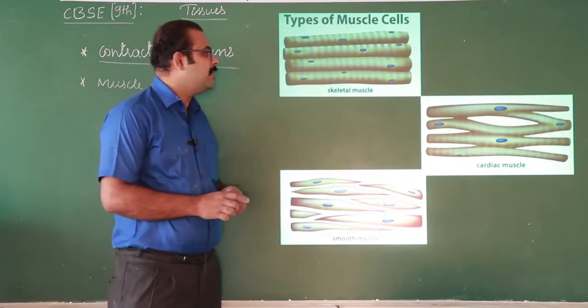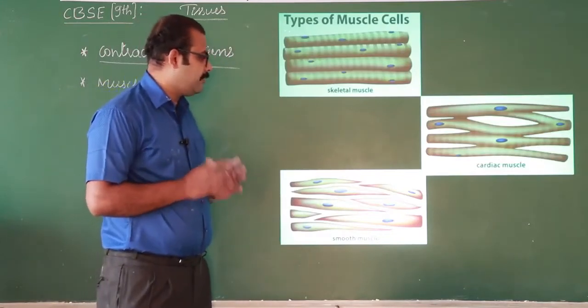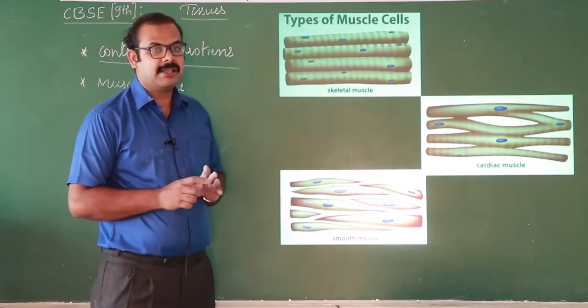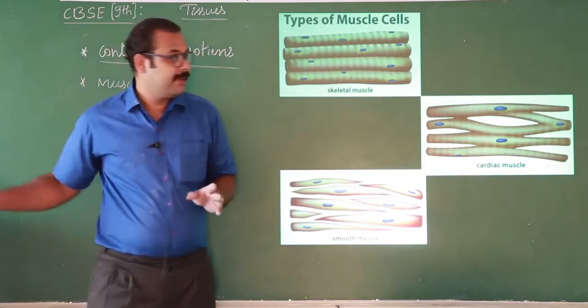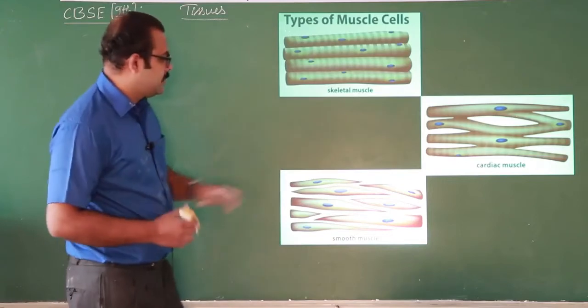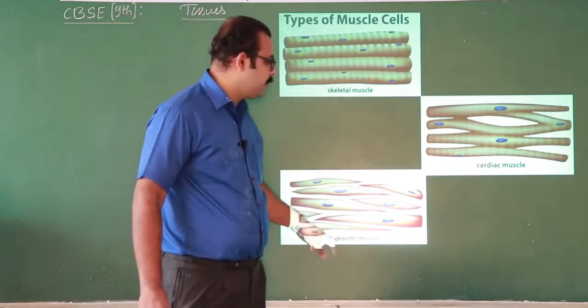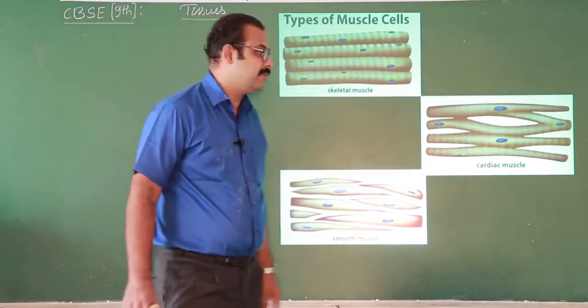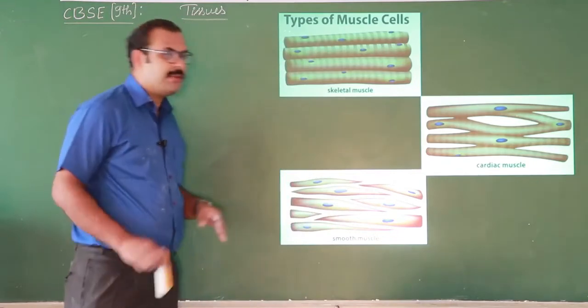Depending upon the location and function, the muscles are classified into 3 different categories. This includes skeletal muscles, smooth muscles and cardiac muscles. We'll discuss one by one.